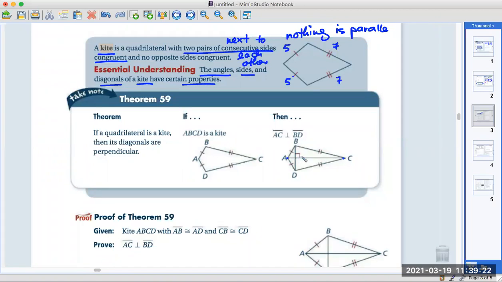All this is saying is that you got one right angle. That means you got 4 right angles here, perpendicular. So that means they meet at a right angle. So this is the symbol for perpendicular.